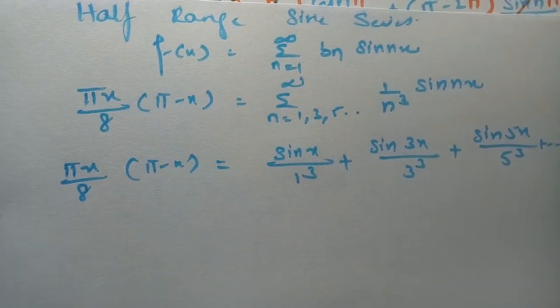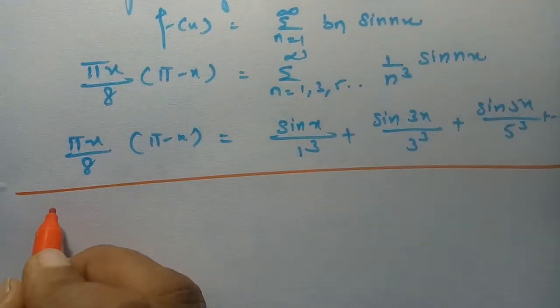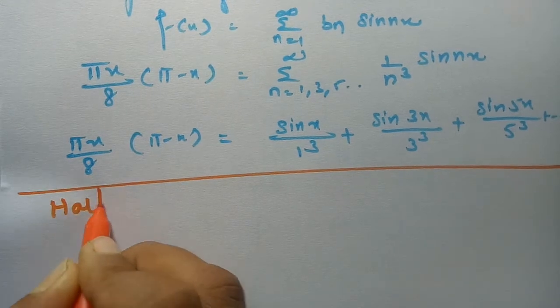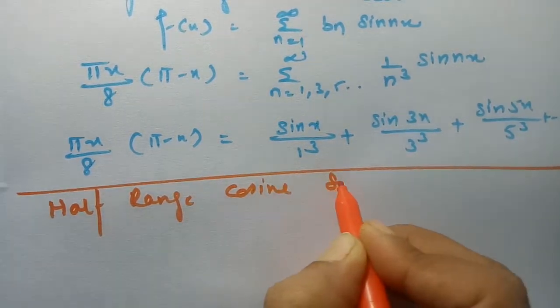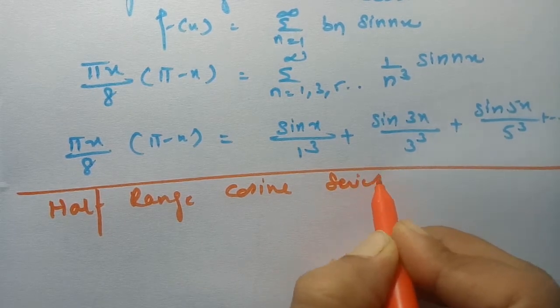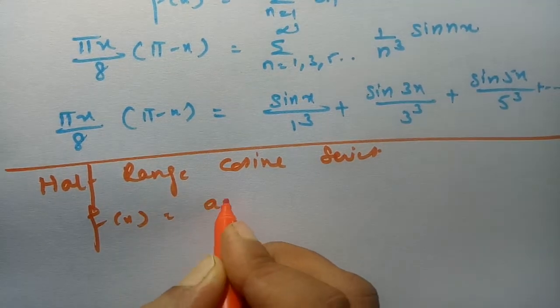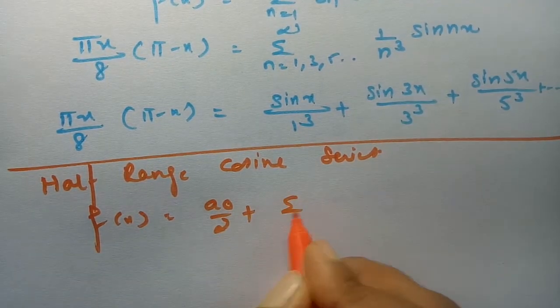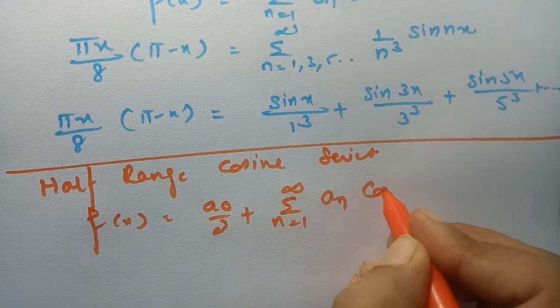So this is the half range sine series, and later we have to find the half range cosine series. For the half range cosine series, we have a formula that f of x is equal to a naught by 2 plus sigma n equal to 1 to infinity an into cos nx.